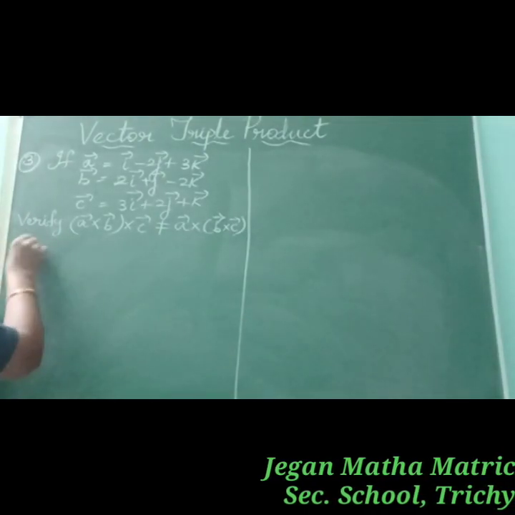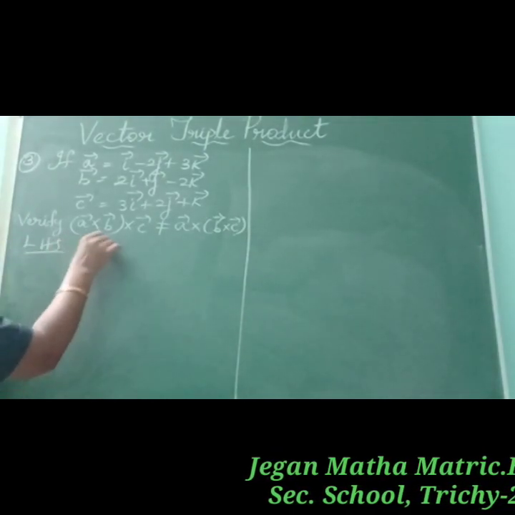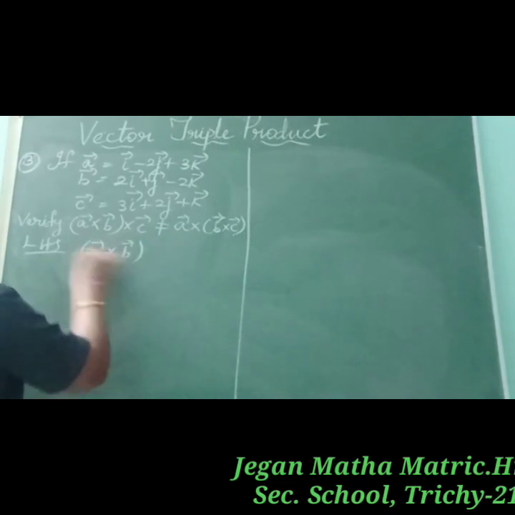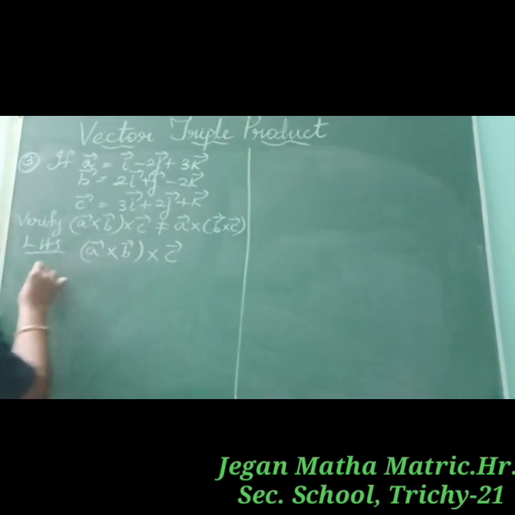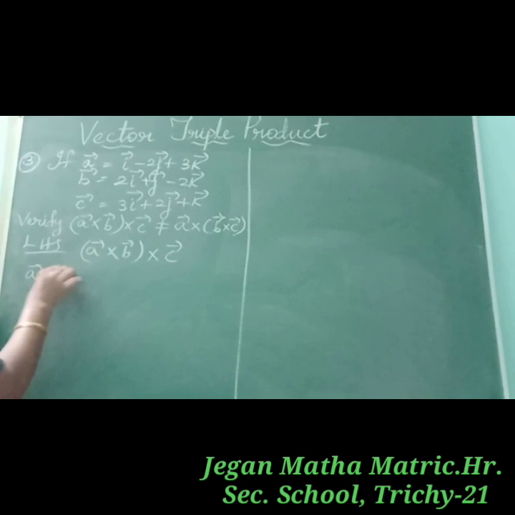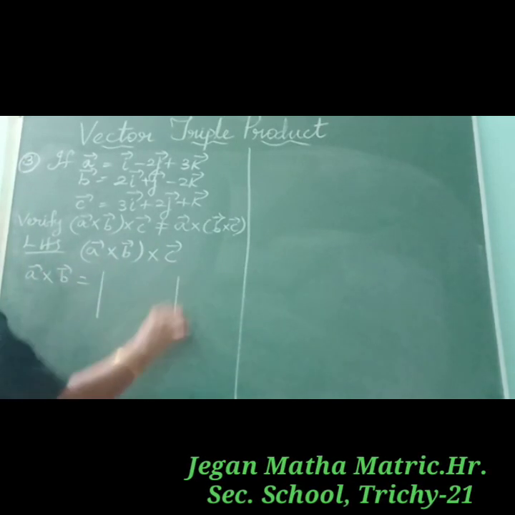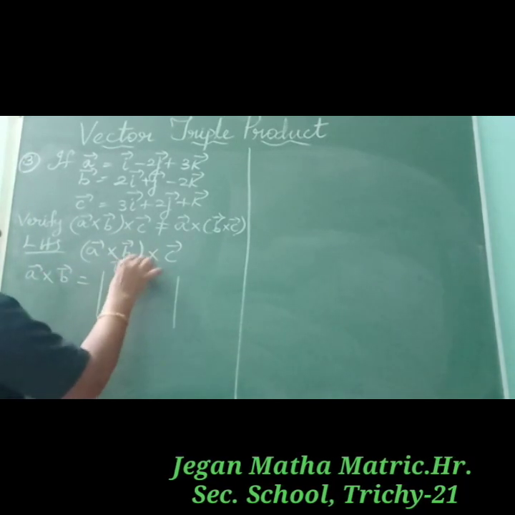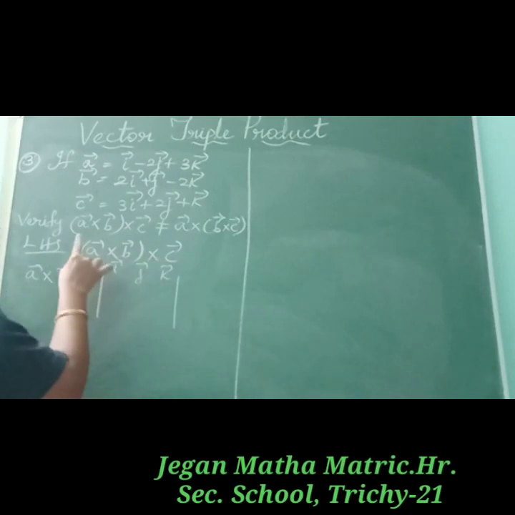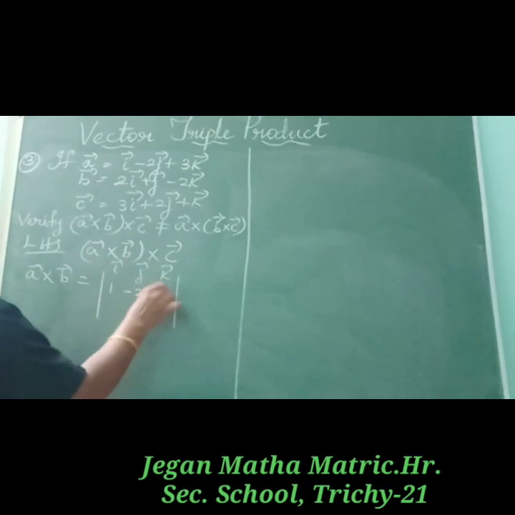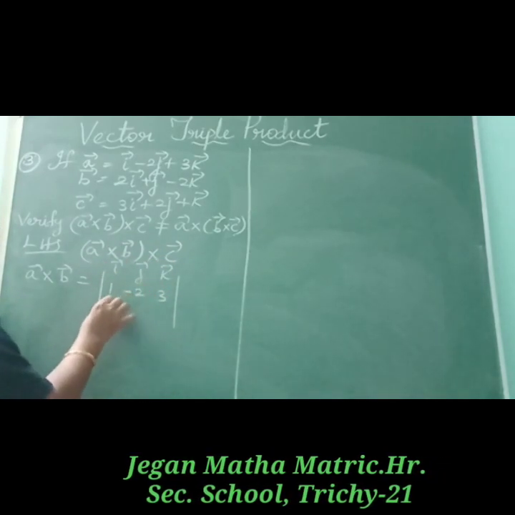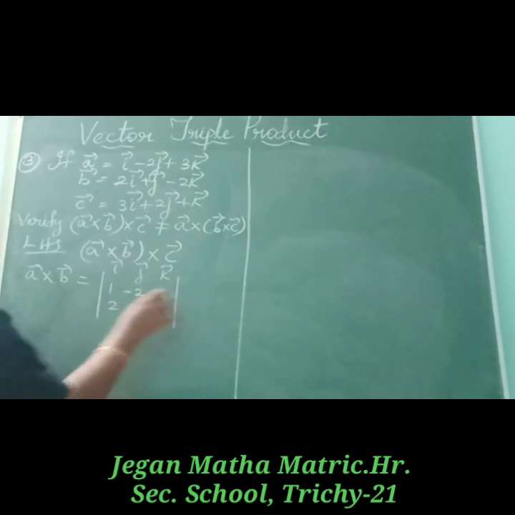So when you are taking the left hand side, (A cross B) cross C is there. First you can find out A cross B. You know how to find the cross product of two vectors: I, J, K. Write the coefficients 1, minus 2, 3, 2, 1, minus 2.